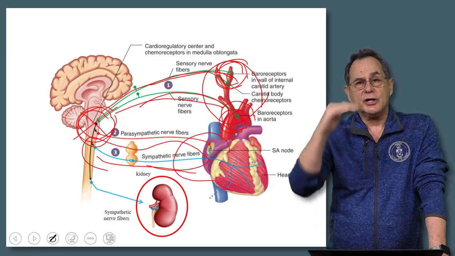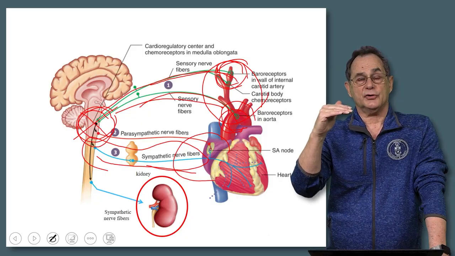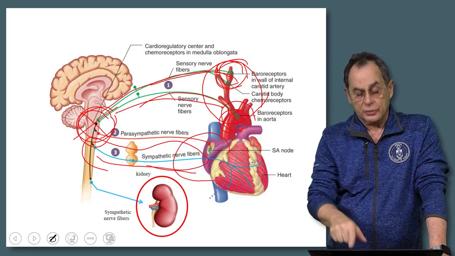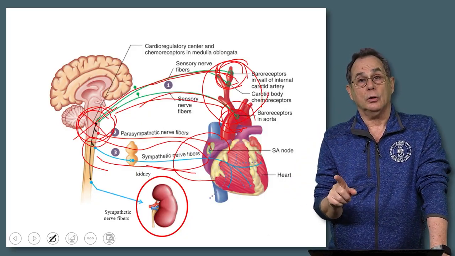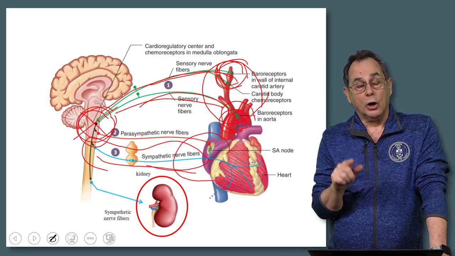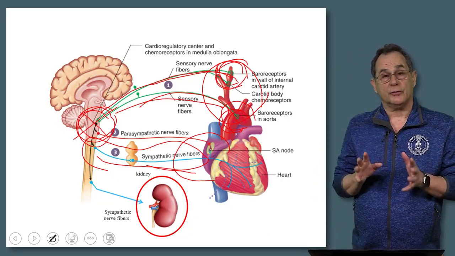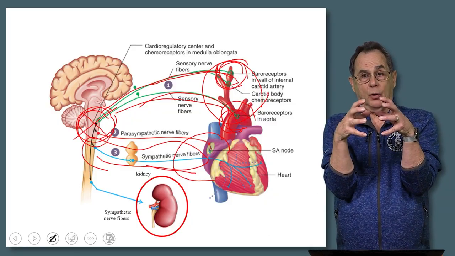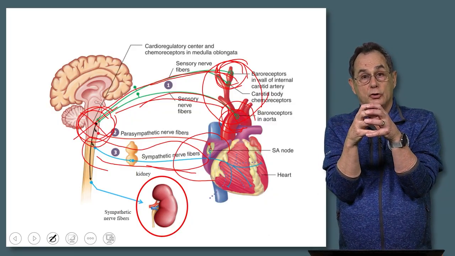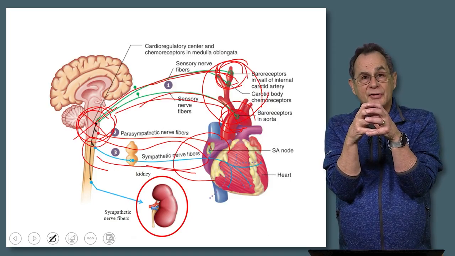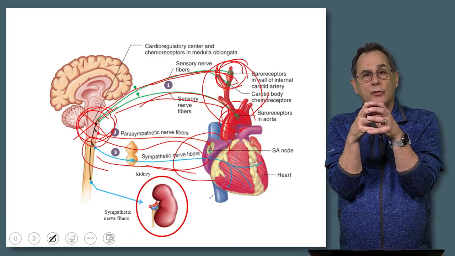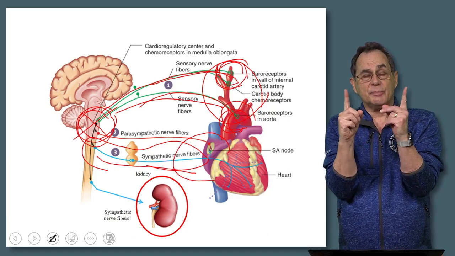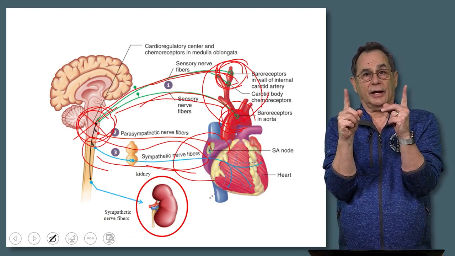So if you decrease an inhibitory influence, you increase sympathetic nervous outflow from the cardioregulatory center of the brainstem. So if we take that balloon at a set point, if that balloon shrinks, there'll be less inhibitory nerve traffic to the brainstem, and the sympathetic nervous system will be upregulated.